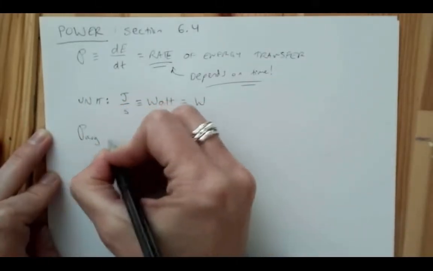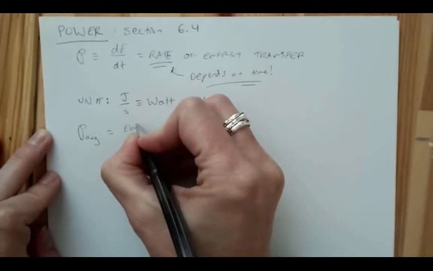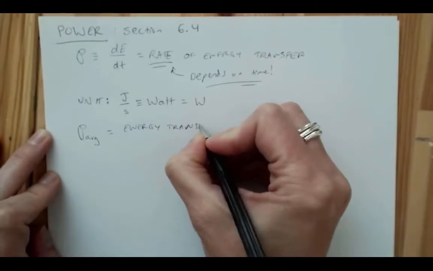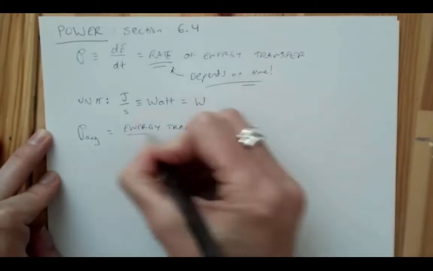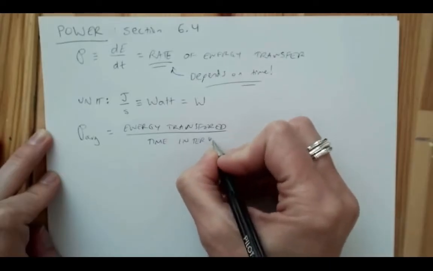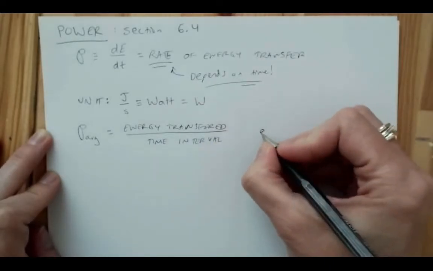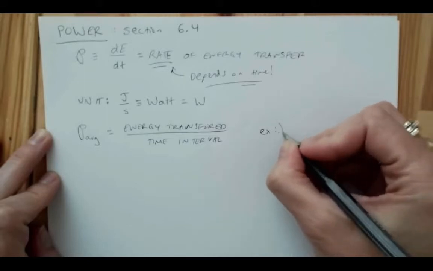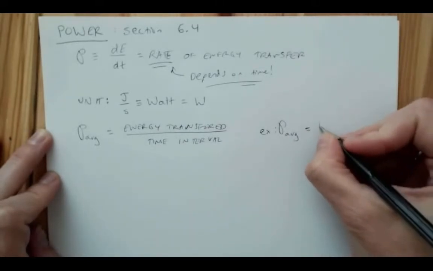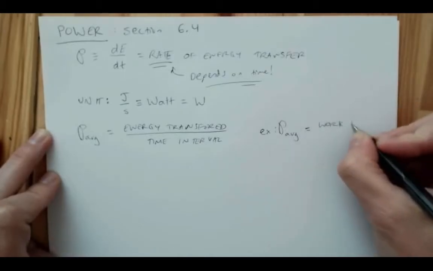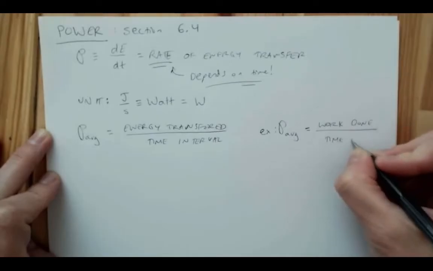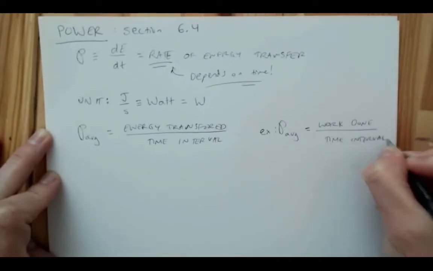So we can talk about the average power, which is equal to the energy transferred divided by the time interval over which that energy transfer occurred. For example, if the energy is transferred via work, then the average power would be equal to the work done divided by the time interval over which that work was done.